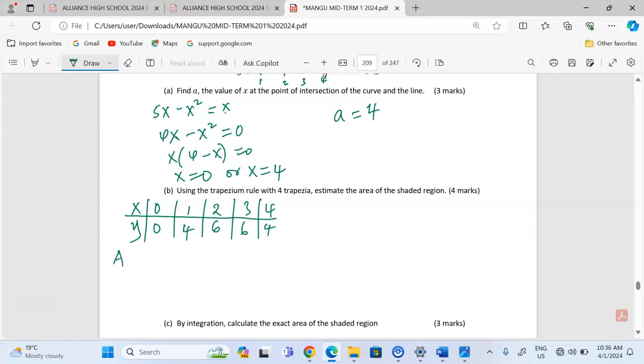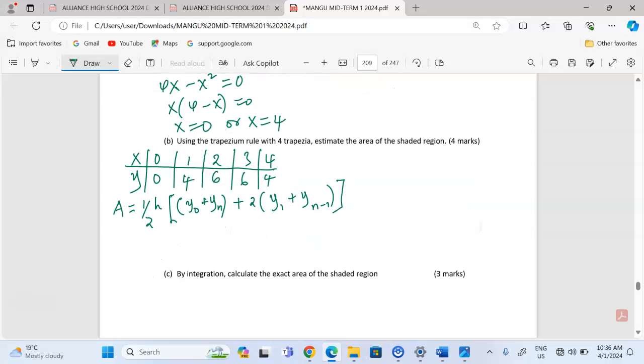The trapezium rule estimates area using the formula half h into the first y plus the last y, plus 2 into all the other y's added. So that's how we get the area.